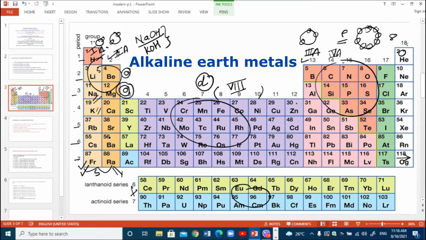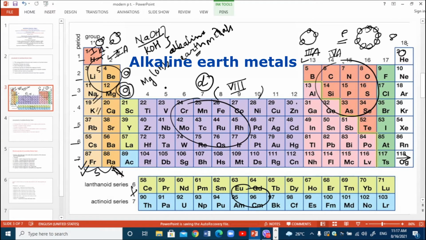Alkaline earth metal means these elements also form hydroxides, just like group 1A elements, but their hydroxides are not as strong as those of group 1A elements. These elements, magnesium and calcium, also dissolve in water to form magnesium hydroxide and calcium hydroxide.